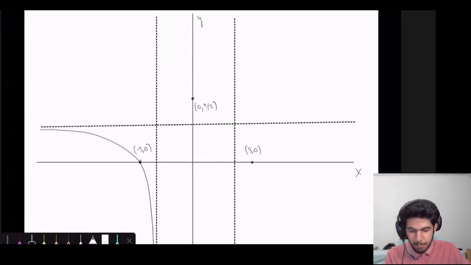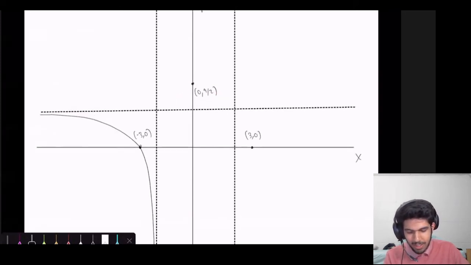Okay, but we also know that this is a y-intercept. So if we were to draw this kind of shape, we have to start from somewhere up here. We can't start from somewhere down here and then do a decreasing function and then somehow reach this point.